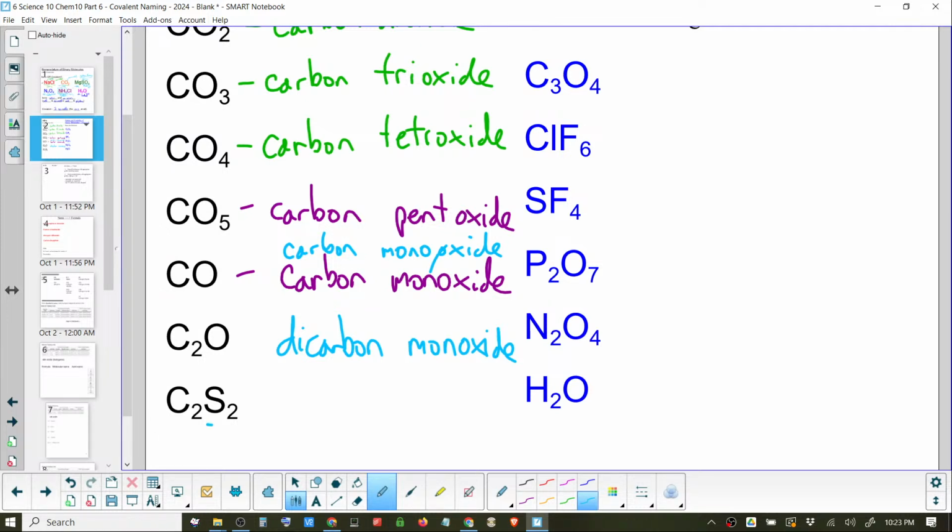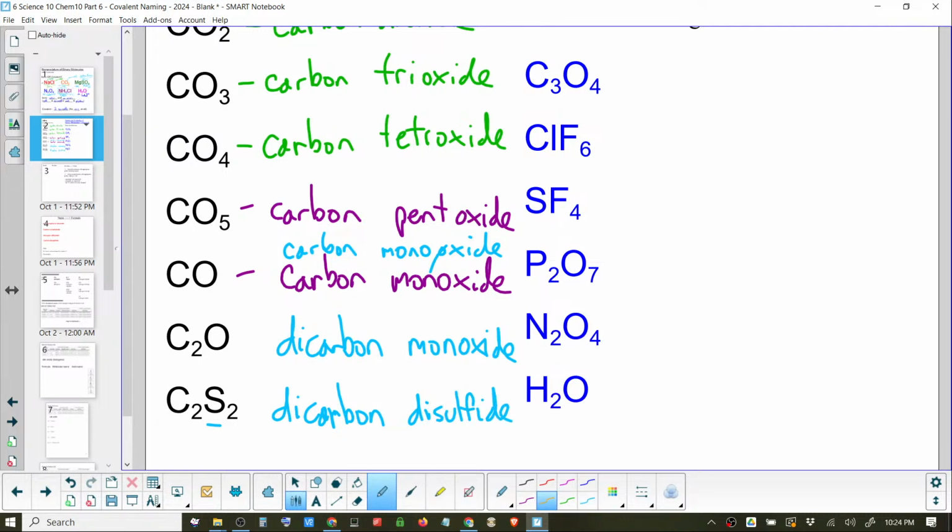C2S2. So we're going to change our second element. Dicarbon disulfide.